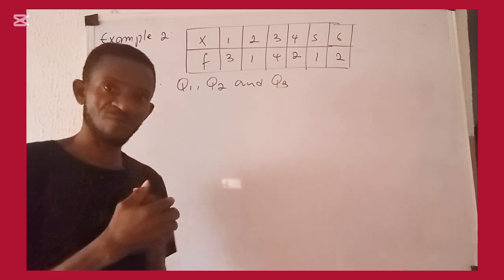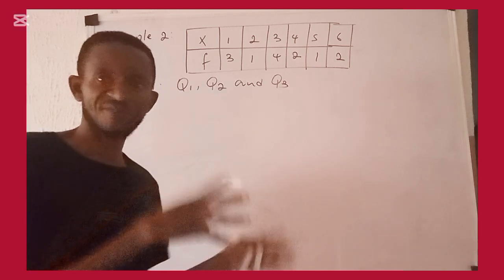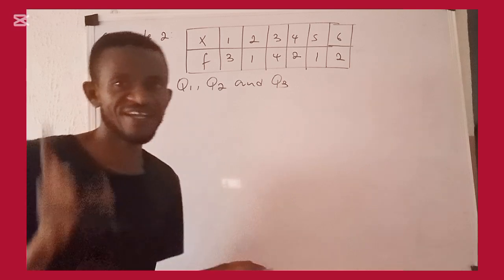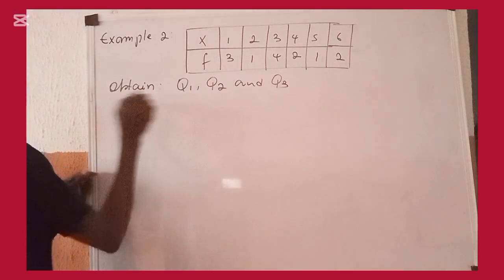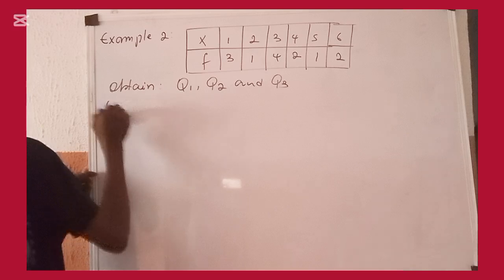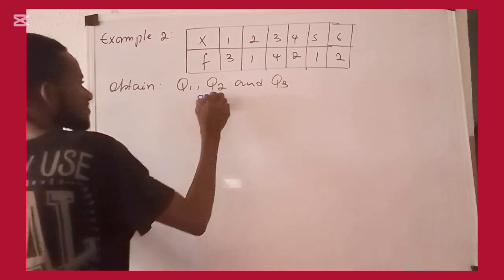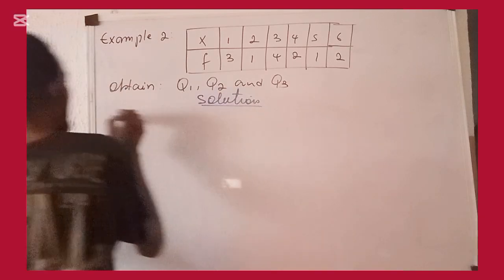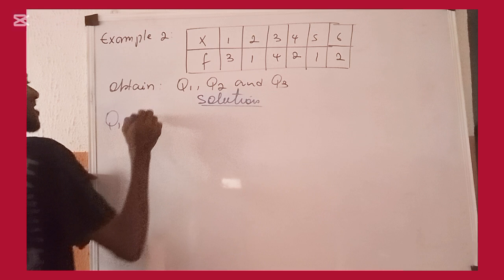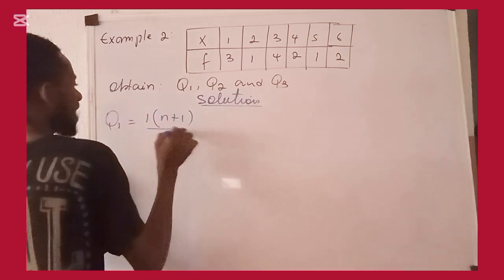It is still simple. What we are going to do is to refer to the formula that we gave earlier. So as a word of solution, we have that our Q1 is given as 1 into n plus 1 all over 4.